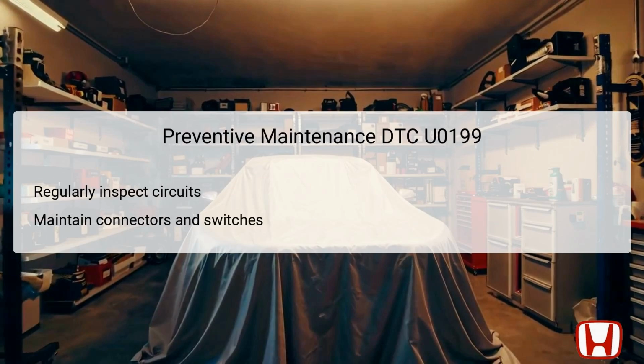Engaging in preventive maintenance can significantly reduce the occurrence of DTC U0199 in the future. Regularly inspecting the power and ground circuits connected to the power window master switch is crucial. Look out for any signs of wear, fraying, or corrosion that could compromise electrical integrity.